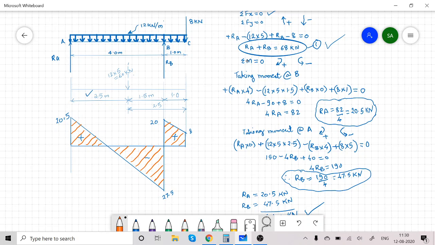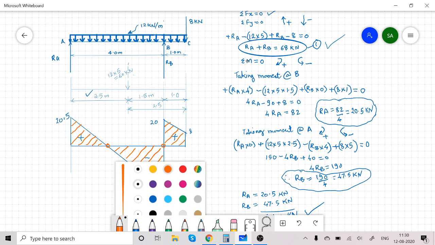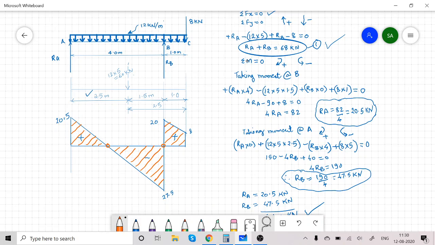Note down these 2 points where the shear force diagram crosses the baseline. These points are known as points of contra shear. Contra means opposite.